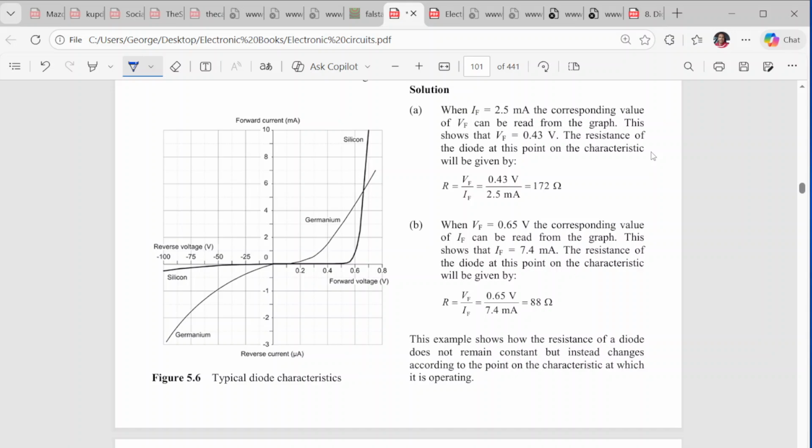This is the characteristic curve for the diode. Notice that a silicon diode will start conducting at approximately 0.6 volts, and a germanium diode will start conducting somewhere around 0.2, 0.3 volts.